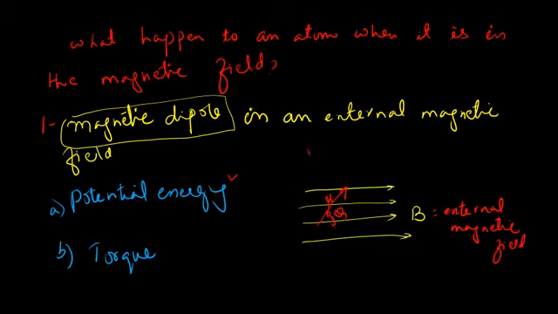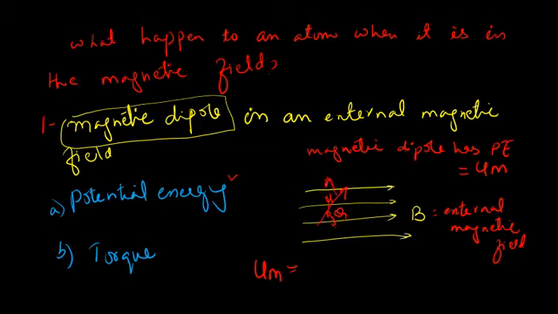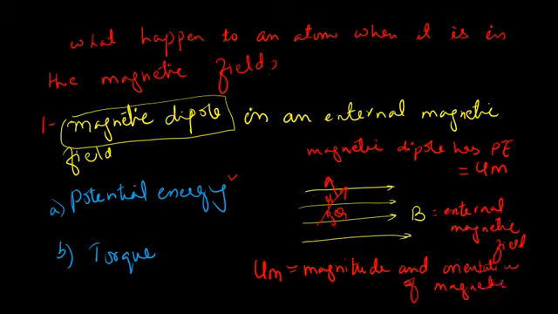The magnetic dipole has potential energy, and we can represent the potential energy by UM. This is the potential energy within the magnetic field. It depends on the magnitude and orientation of the magnetic moment mu.